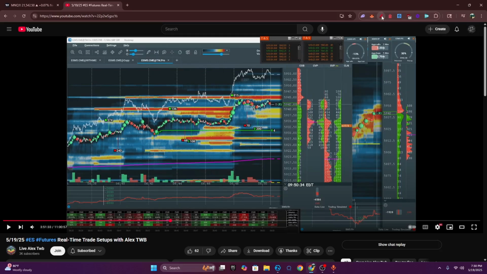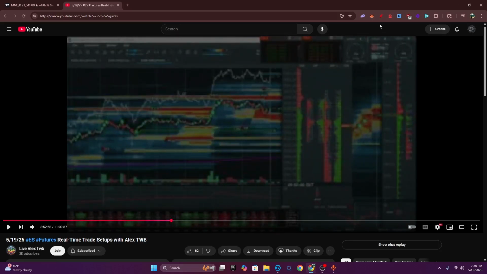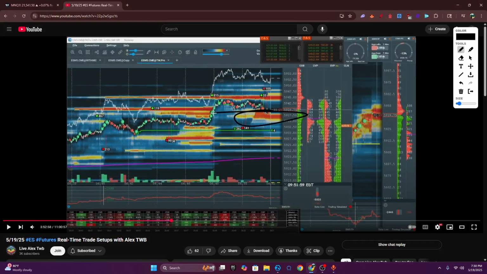We broke this liquidity level right here. Now we're up to the next one at 5945 on ES. But as clearly seen, it looks like we tapped into this key barrier within the heat map. And from this area, a long could have been taken with a stop below here, targeting these highs.